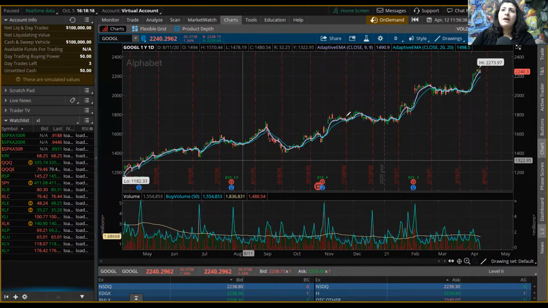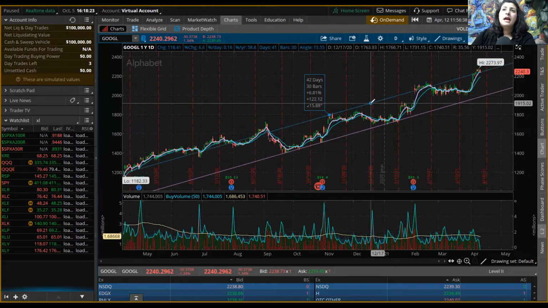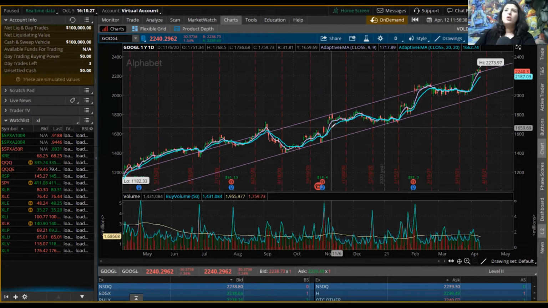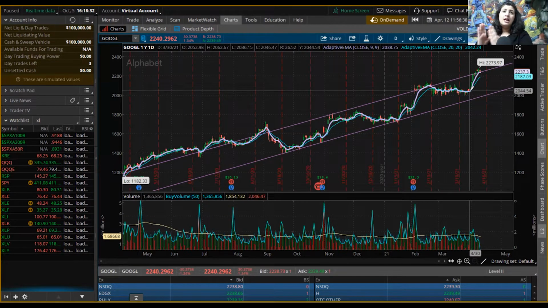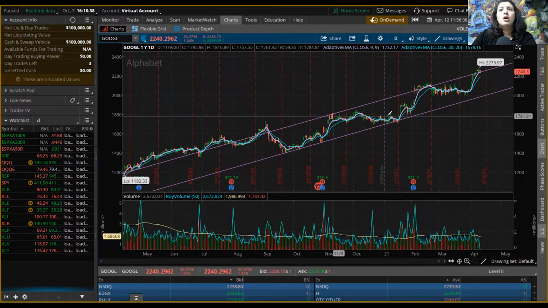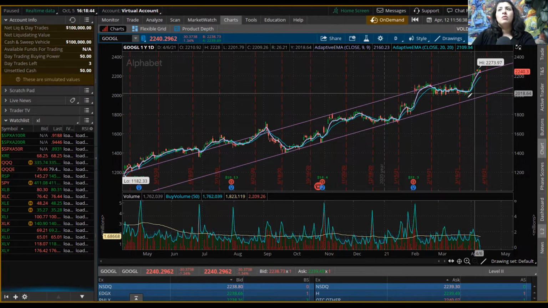It will have these bullish moves, where you will see the price go up in a corridor, but even inside that channel, it will have a fast move up, and then it will go sideways. Then it'll have a big move up, and then it will go sideways.